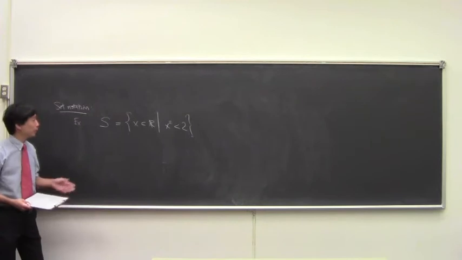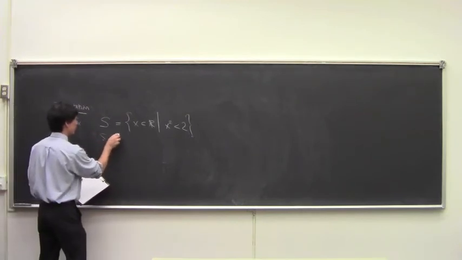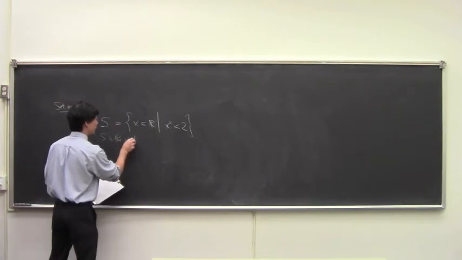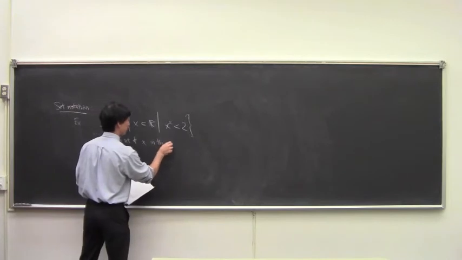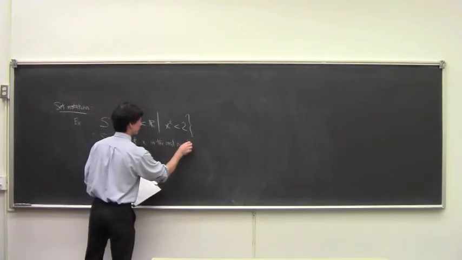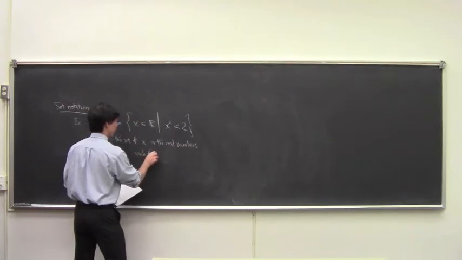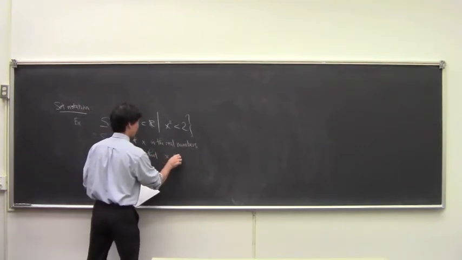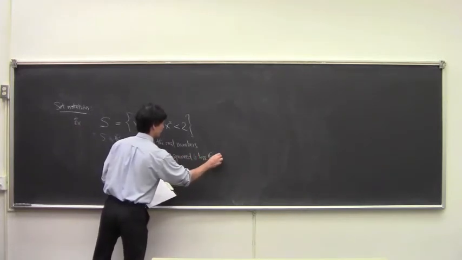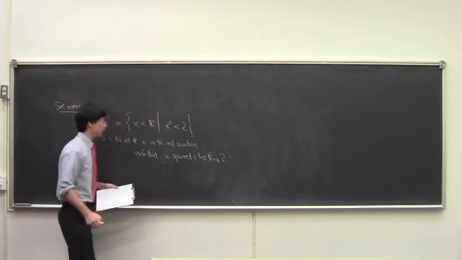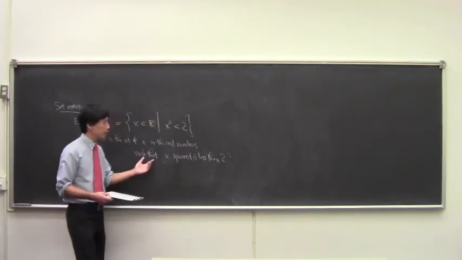So this is an example of set-builder notation, and in English you read this as: S is the set of x in the reals, x in the real numbers, such that x squared is less than 2.